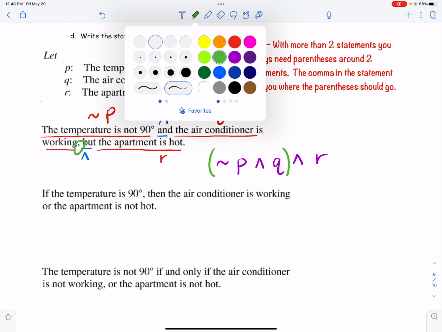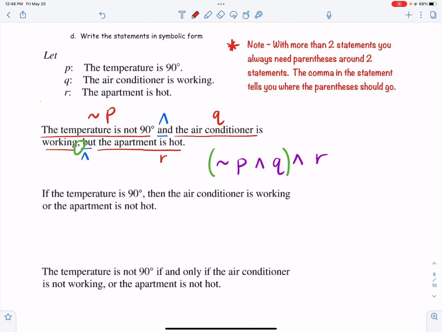Okay, so let's look at the next one here, and let's approach it the same way. The temperature is 90 degrees. That's P. The air conditioner is working. That's Q. The apartment is not hot. That's the negation of R. Now, the first thing that I see here in terms of joining these statements together is an if, then.